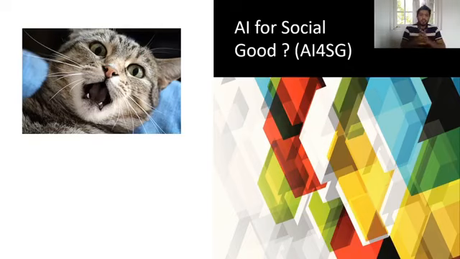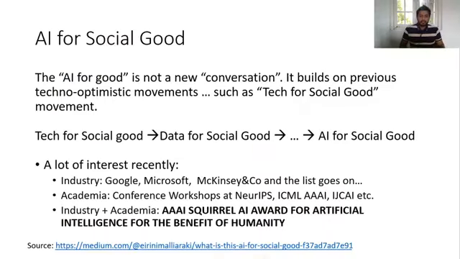So what is AI for social good? AI for social good is not a new concept. It has been in the conversation, which has evolved, for about 30 years now. The inception of this concept could be rooted in technology for social good, where people were thinking about how technology can be used to achieve social good.